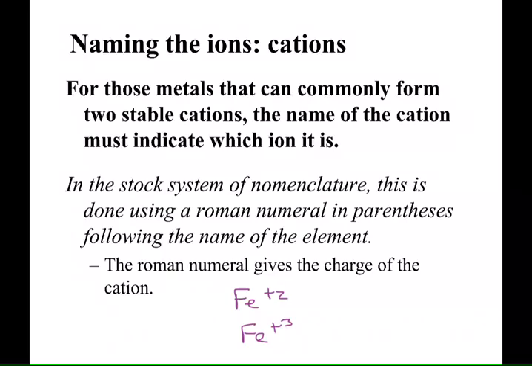So if this is your cation, we're going to go with the Stock system, where you do the name of the metal, the cation, iron, and in parentheses, Roman numerals for the charge. So that's an iron(II) cation, and this is an iron(III) cation, just from the charge. So that's going to have to be its first name.